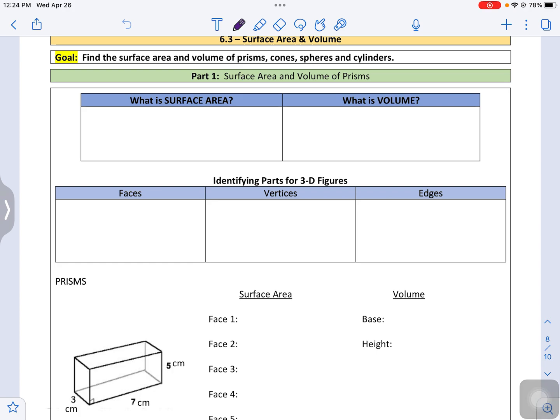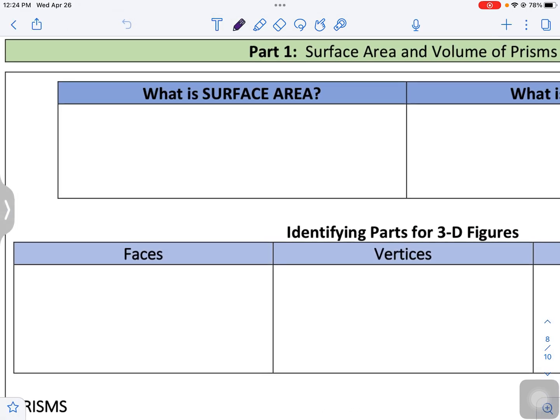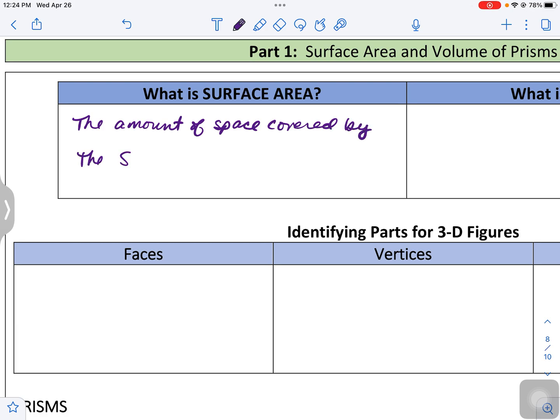So what is surface area? Surface area is the amount of space covered by the surface of a figure.